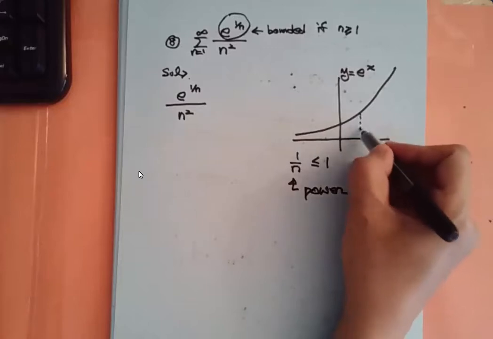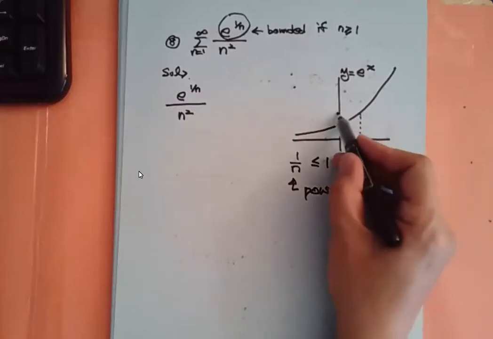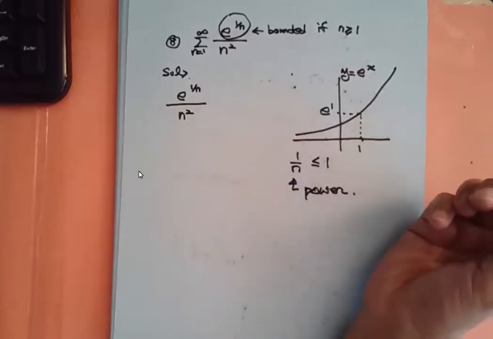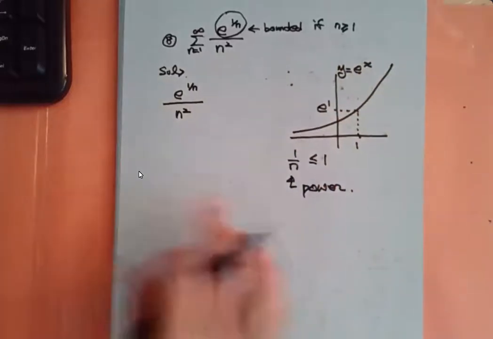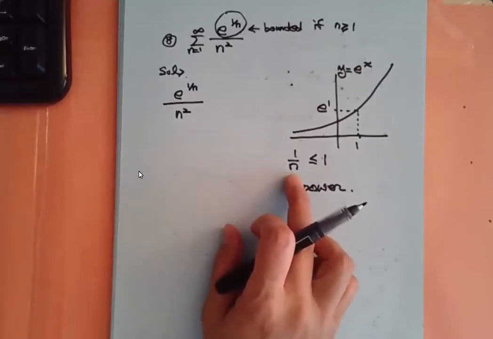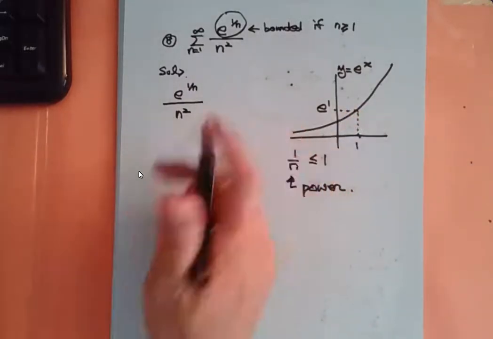And x equals 1 here, and then this one is e to the 1 power, right? And so all the values, when we plug in any n greater than or equal to 1, will be less than or equal to e, right?